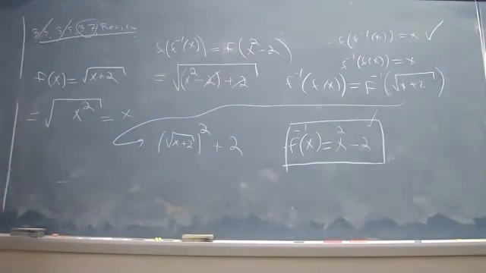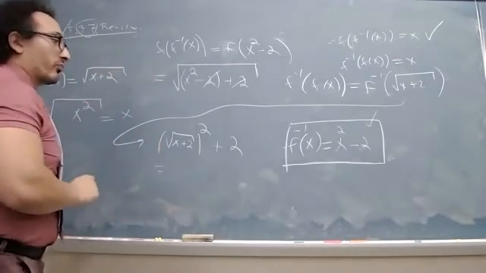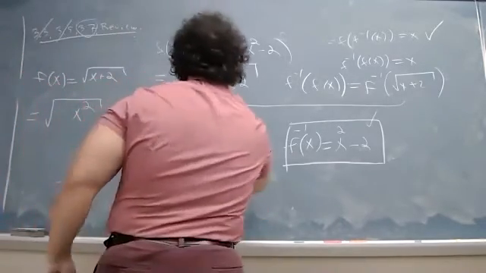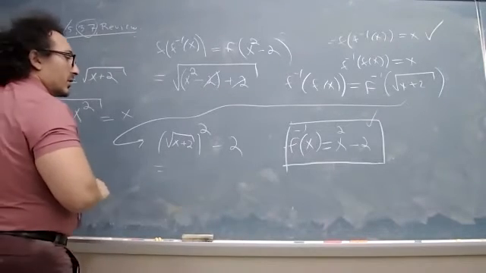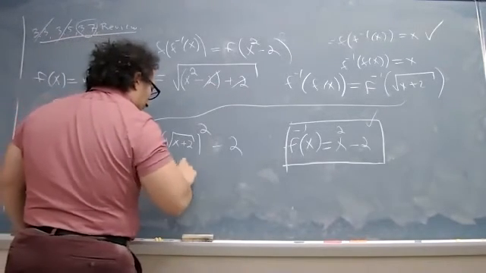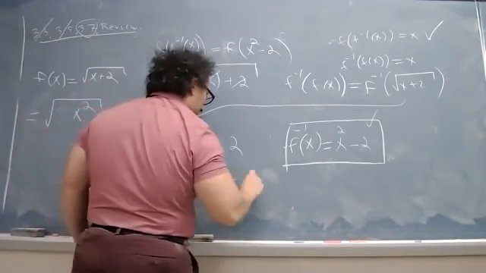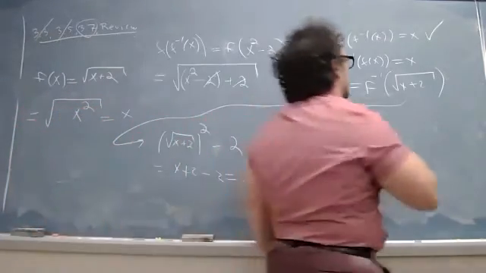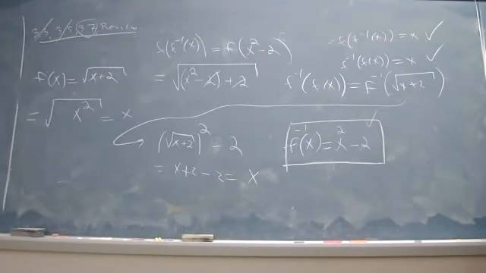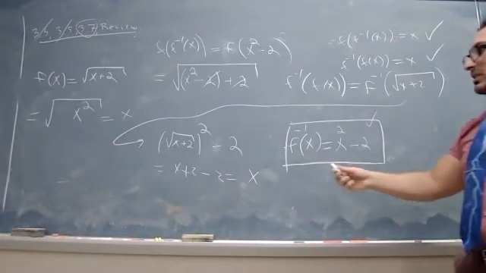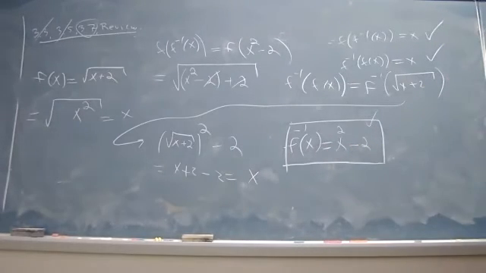Whenever you square something with a radical, the radical goes away. So we just get x plus 2 minus 2, and 2 minus 2 is 0, so we get x. Boom. So this one gets satisfied as well. I accidentally put a plus here, but it needed to be a minus because we're plugging it into f inverse of x.